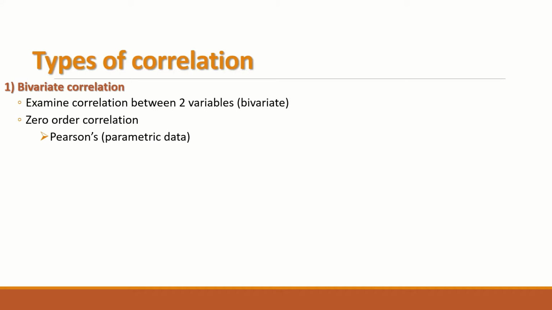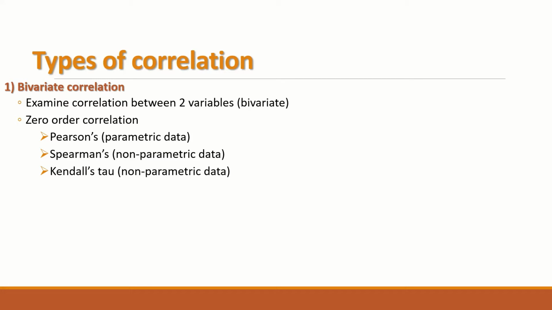The Pearson product moment correlation coefficient is used when the data are normally distributed, and it is used for parametric data. For non-parametric data, Spearman's correlation coefficient, or Spearman's rank correlation coefficient, abbreviated rho, is used.